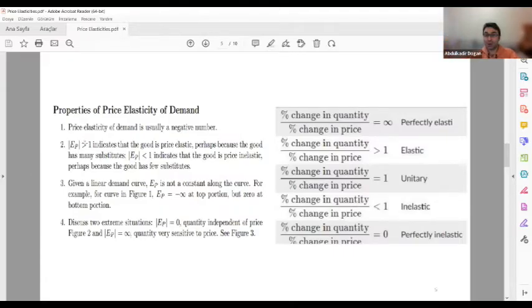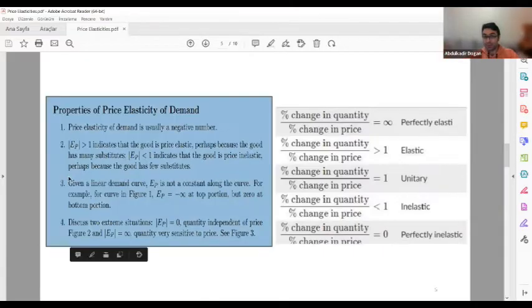Okay, so if your price elasticity is greater than 1, if your demand is elastic, this means that you have lots of substitutes for that good. But if the price elasticity is less than 1, this means that you don't have lots of substitutes. This is like salt. This is like water. Okay, you have to consume those, and there is no substitute for them.